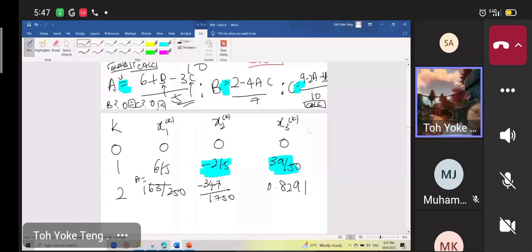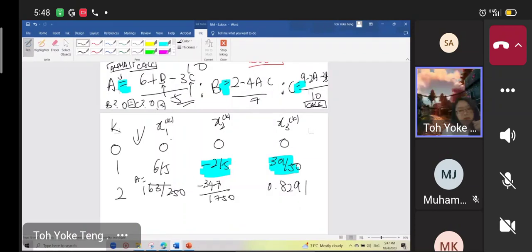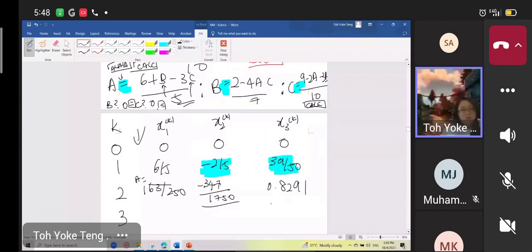In case you want to write it in decimal places, it's acceptable. Just write it in 4 decimal places, and remember, please don't reinsert the value into your calculator. The only thing you do is press the equal sign to get all the values here. Once you get it and press the equal sign again, the screen will show B equals this value, C equals this value, then you just proceed.